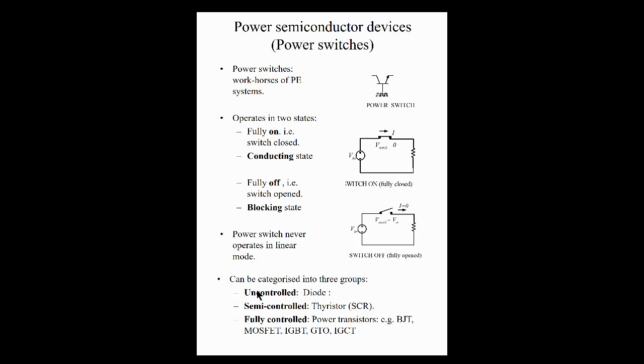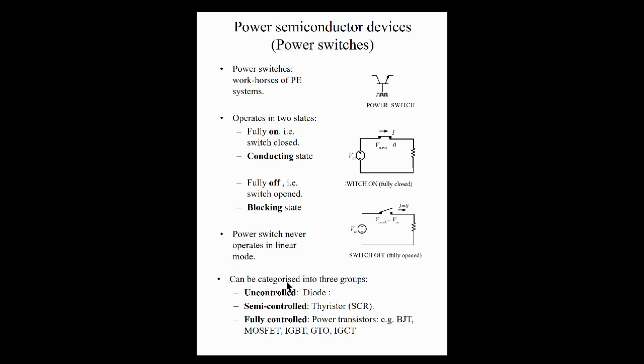And I now move to the part where I will now classify these devices. The first one, we say, is uncontrolled. When we say uncontrolled, it's always going to be the diode that we're talking about, right? Semi-controlled, it's the thyristor that we're talking about, right?